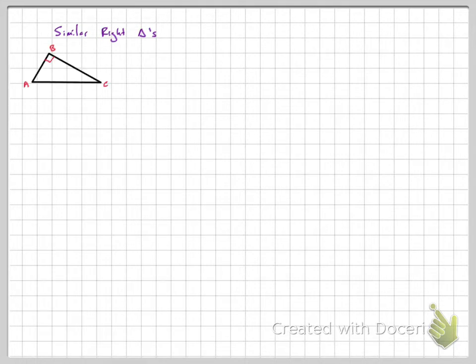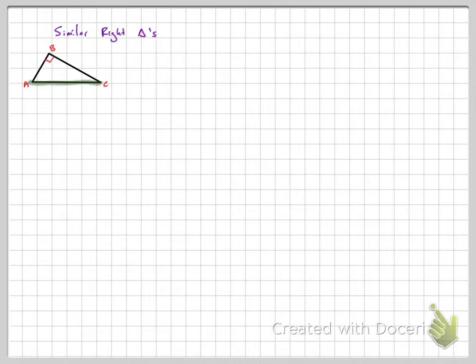So imagine you have a right triangle, triangle ABC. Then we're going to draw an altitude of this triangle from the hypotenuse. Our hypotenuse is side AC, and an altitude has to be perpendicular to a side.